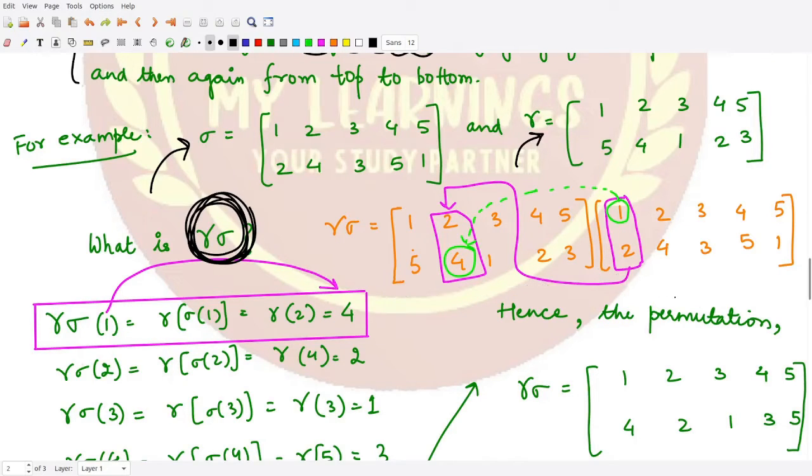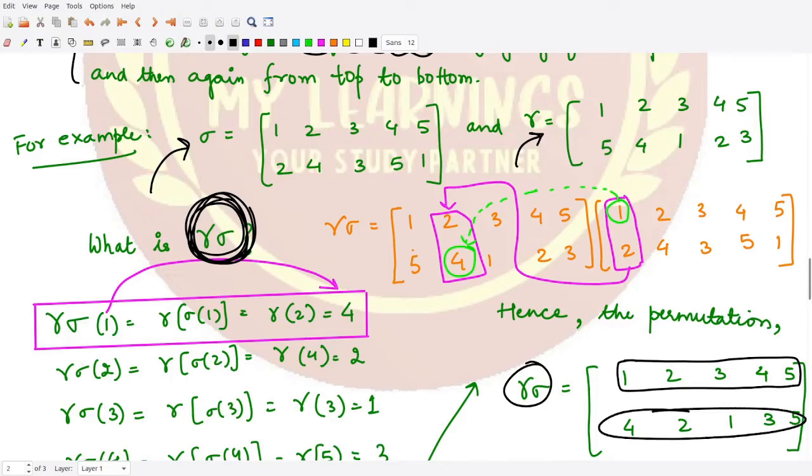After composition, we will again have an array where the first row is just the elements of the set 1, 2, 3, 4 and 5. Now we have to see what elements would come below. For the element 1, we'll be moving from right to left.